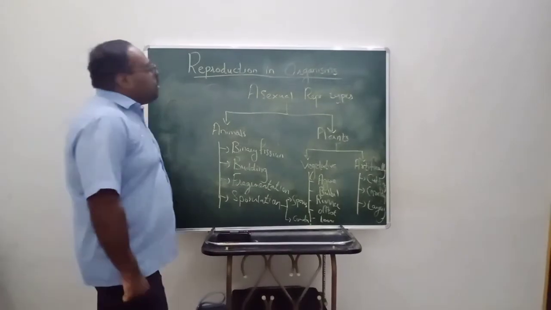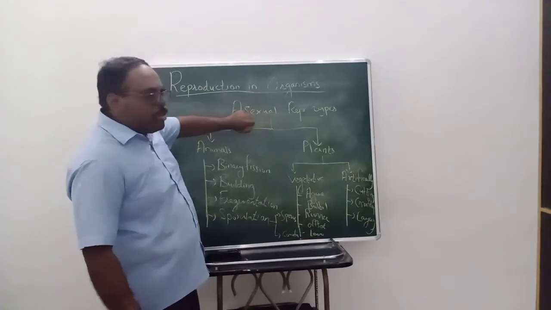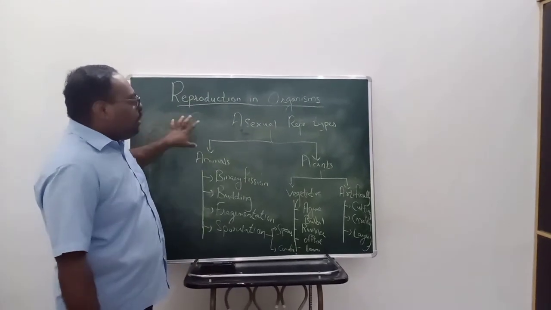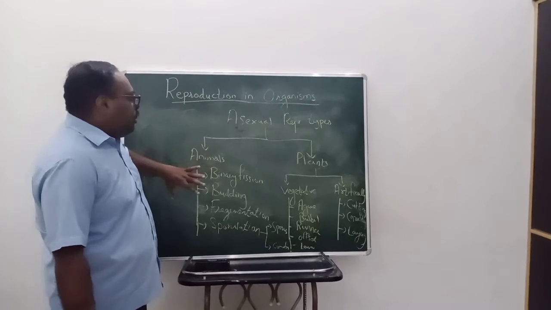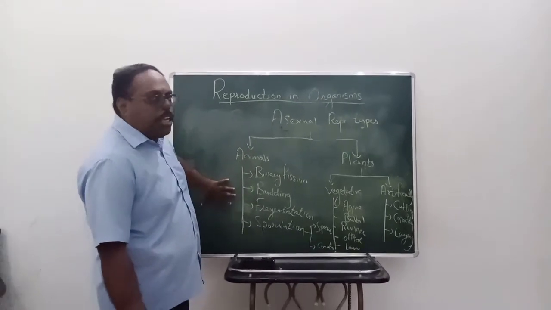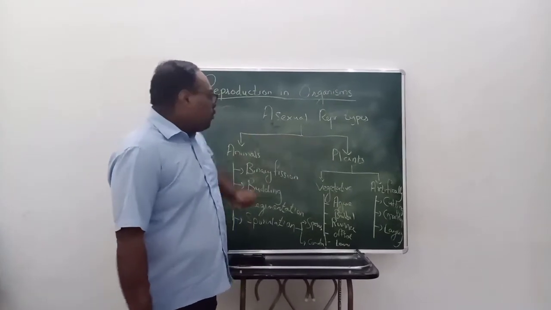Next, we will discuss the types of asexual reproduction. We have to discuss separately the asexual reproduction that takes place in animals and in plants.